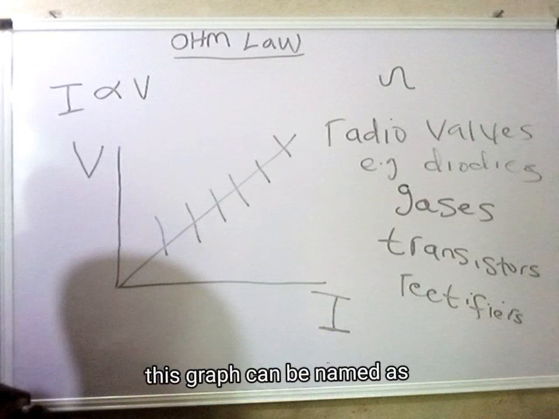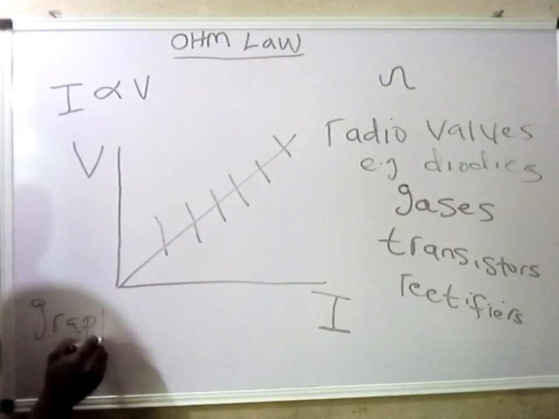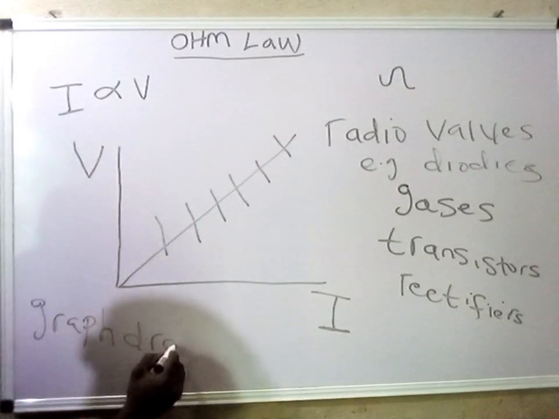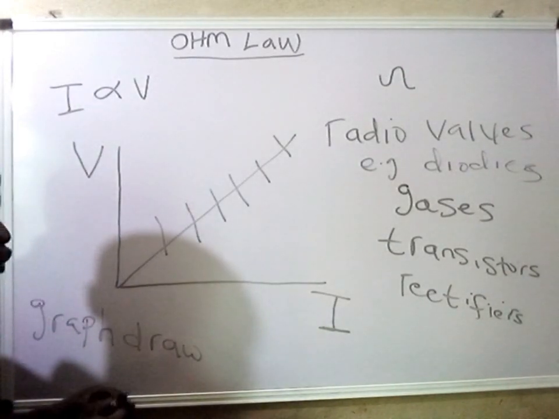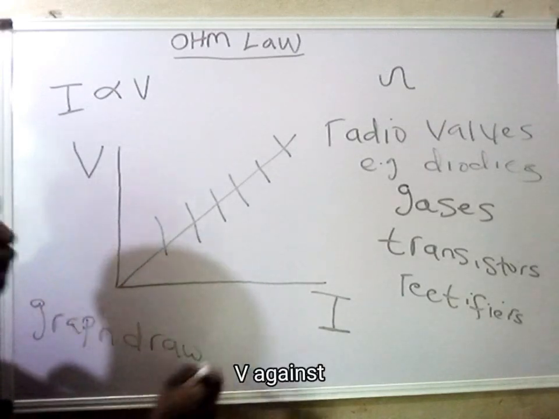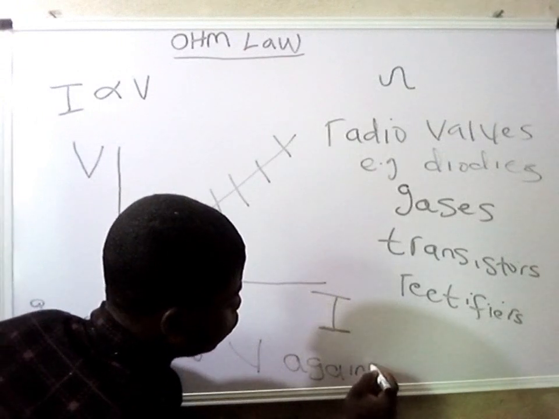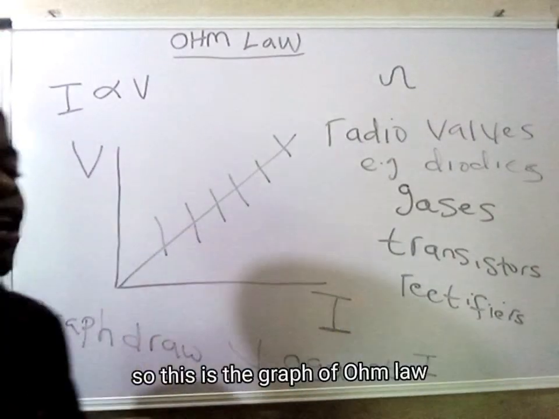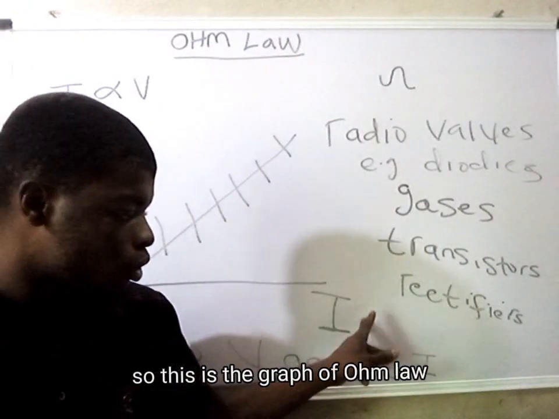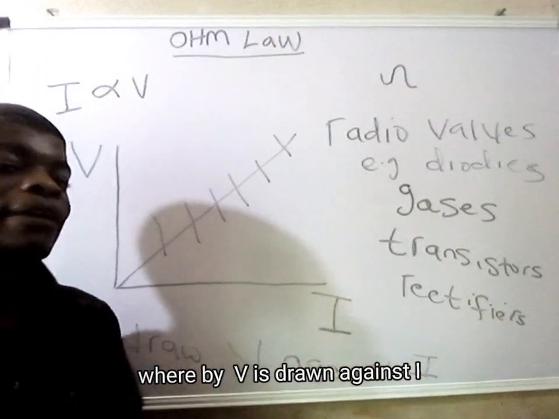This graph can be named as the graph drawn V against I. So this is the graph of Ohm's law whereby V is drawn against I.